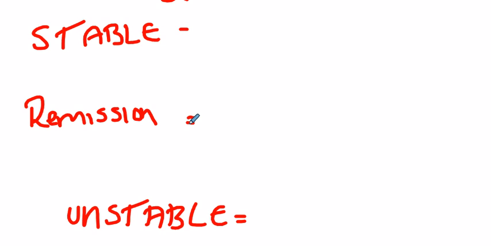For this, we use bleeding on probing. If our patient is stable, bleeding on probing is less than 10%.